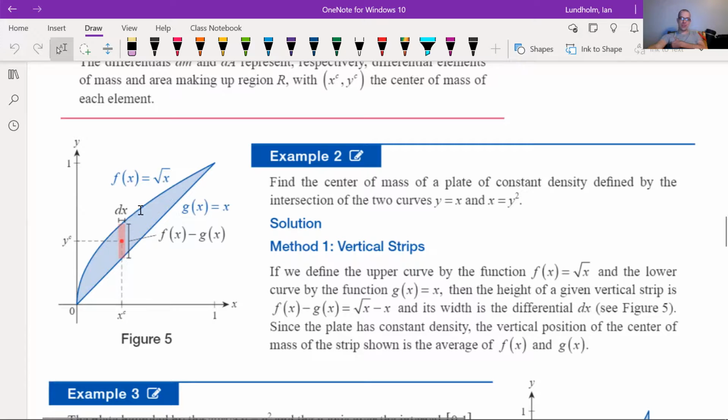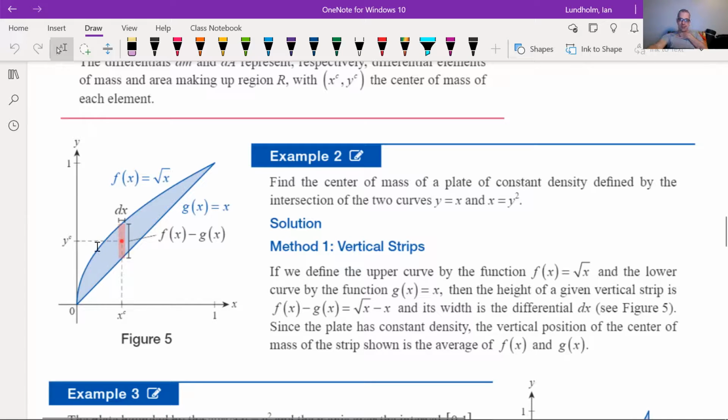And as you're going along, the density that you would be finding is basically the top function minus the bottom function to calculate the amount of material that you have at each part. You're calculating the height of each cross section there.